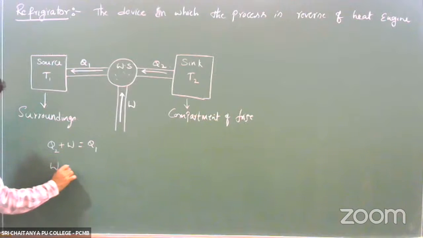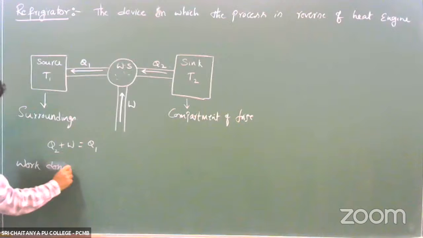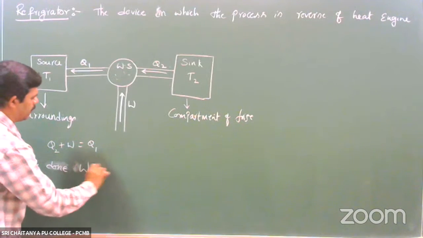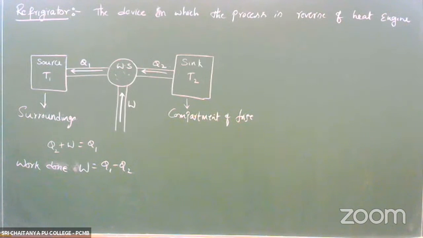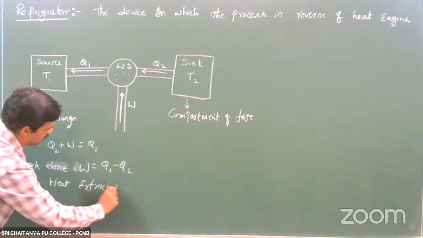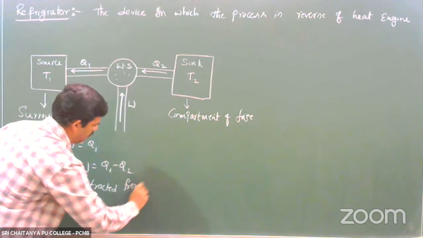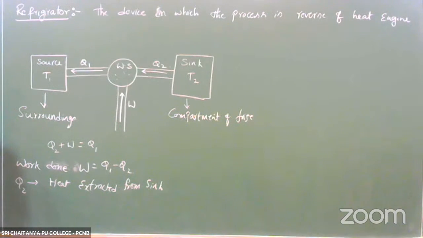Then the work done W is Q1 minus Q2. Okay. What is Q2 here? Heat extracted from the sink. Sink in the sense what? Practically, the compartment of the fridge. And what is Q1?